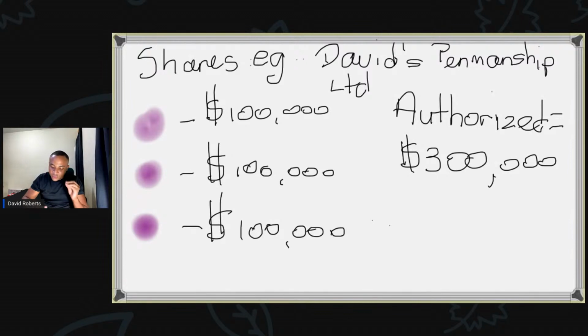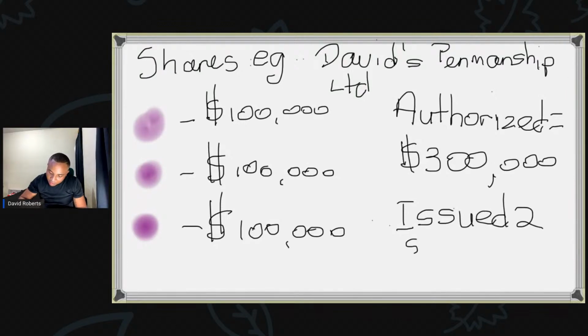But now, if they issued two shares, this is when they actually make money, or this is how they would raise capital in the business. So if they issued two of the shares, how much money would that be? Let's say we issued these two here.